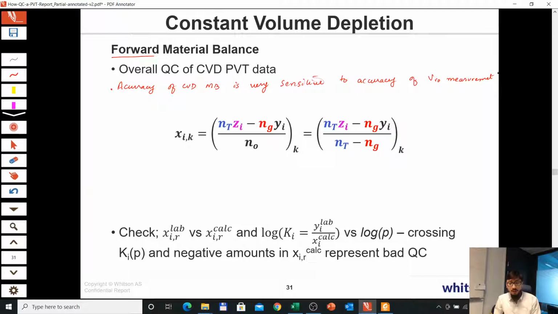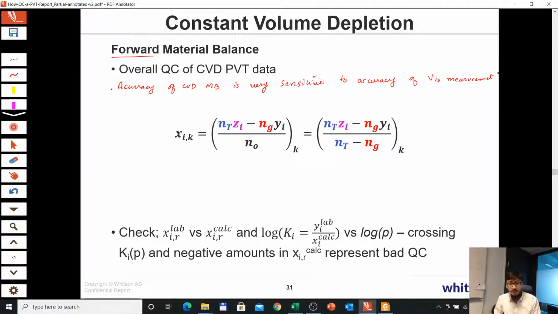And why we are emphasizing relative oil volume, because again, as we mentioned earlier, the relative oil volume measurements can be highly uncertain for lean gas condensate reservoirs, depending on what type of PVT cell you are using.